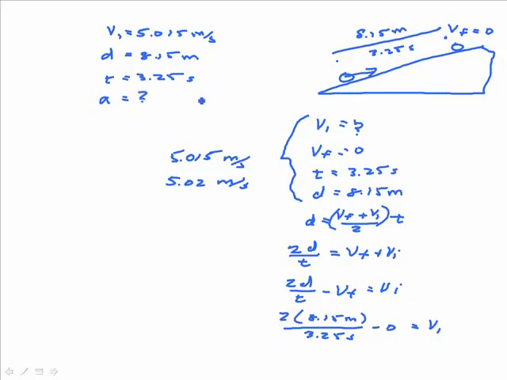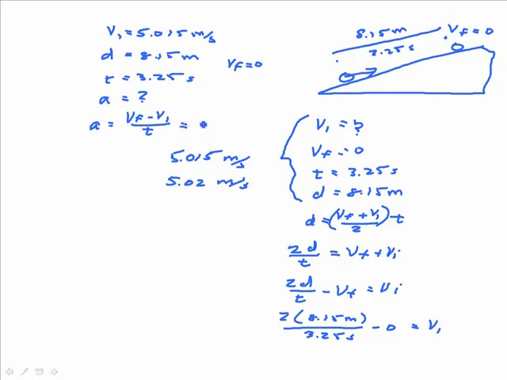We also know that Vf is equal to 0. We might want to look at the equation a equals (Vf minus Vi) over t.